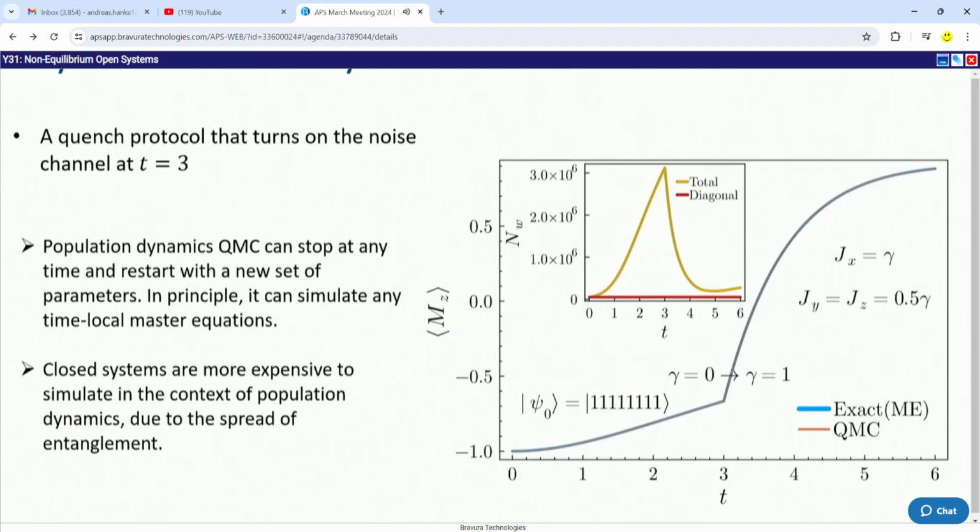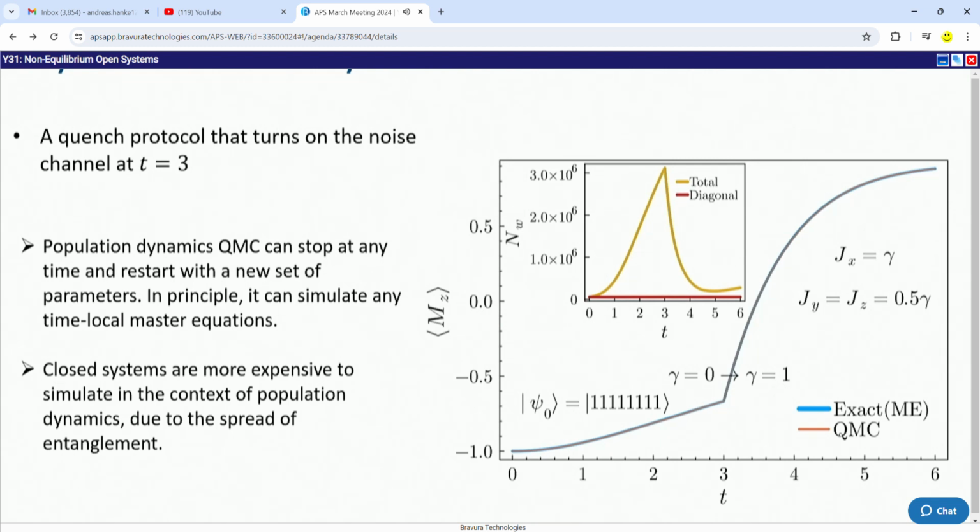A very promising feature of our method is that you can stop this QMC at any time, and then you can restart it with a new set of parameters. This gives us a promising direction to simulate some non-Markovian dynamics. So we just show some very early results, where we design a quench protocol, and we're still using this XYZ Heisenberg model.